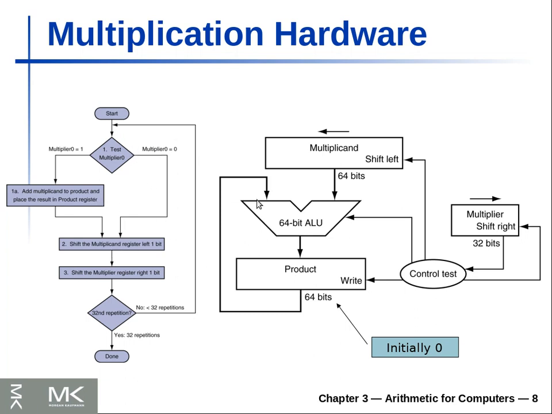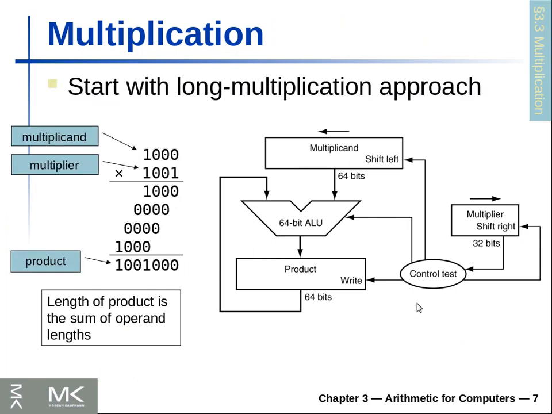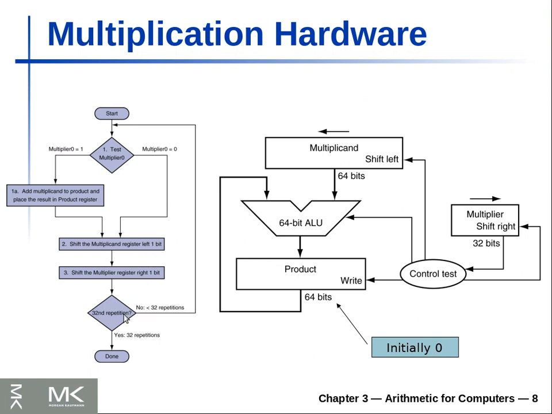If it's 0, you don't do that and you just shift the multiplicand up by 1 and you shift the multiplier down by 1. That simulates the moving over to the left, so to speak, over here. Since it's a 32-bit multiplication, you do this 32 times, and then your product is over here, and you're done.